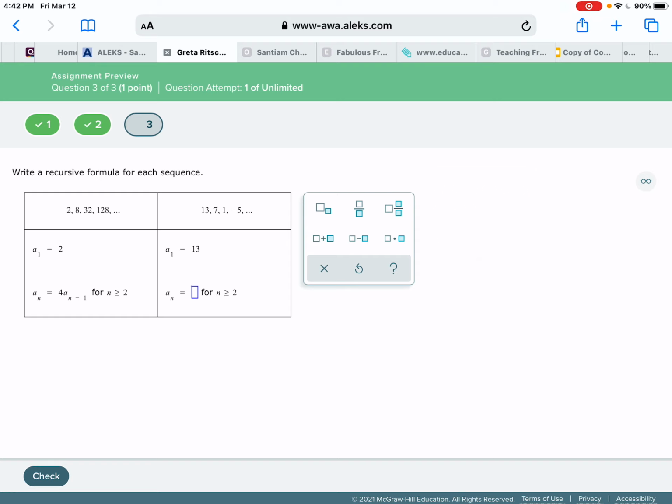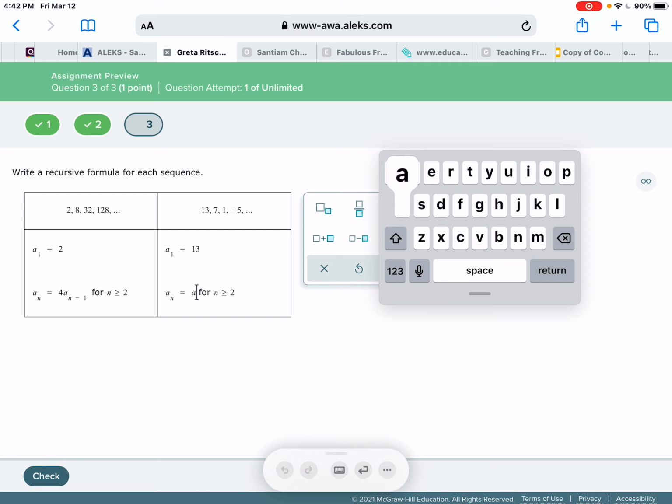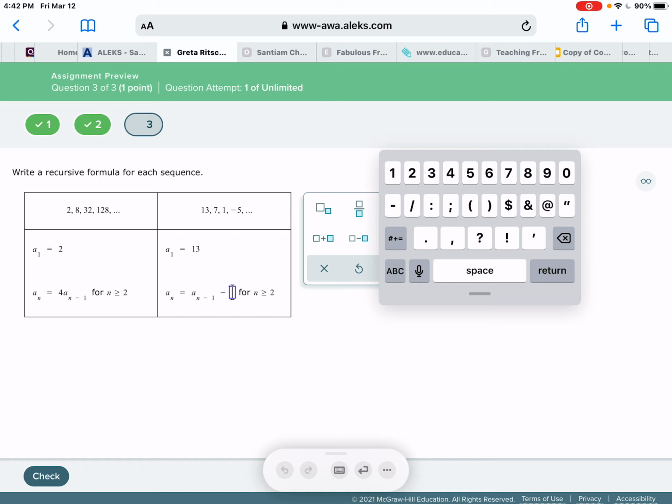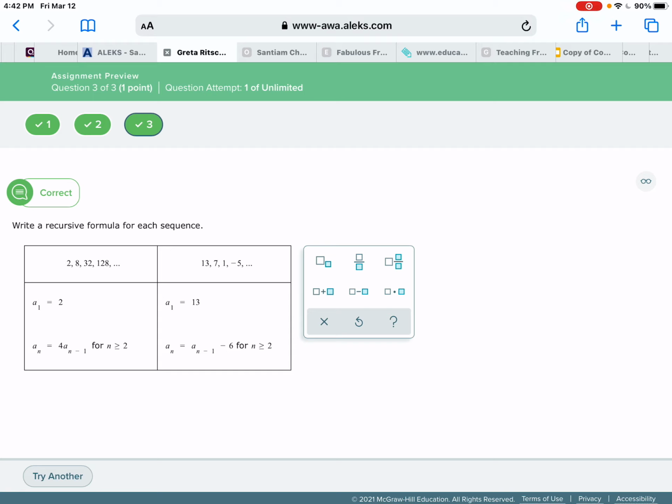And our formula was a sub n minus 1 minus 6. All right, let's see how that went. There we go. Very good.